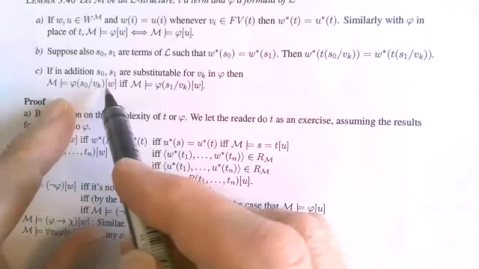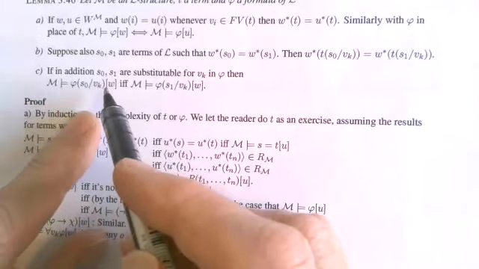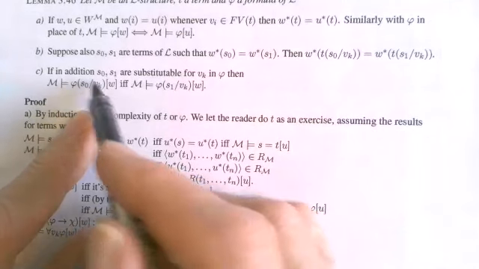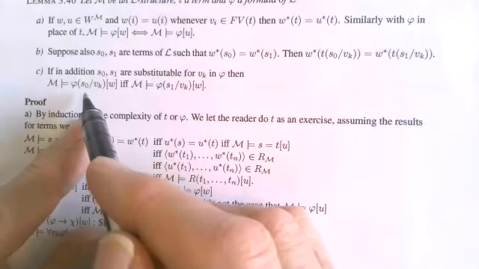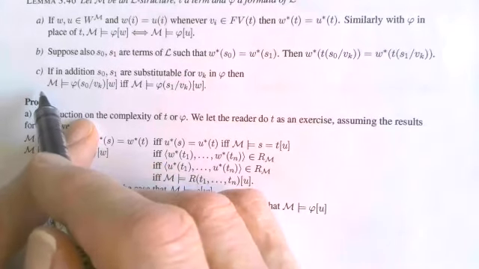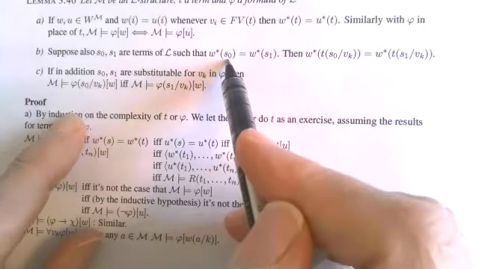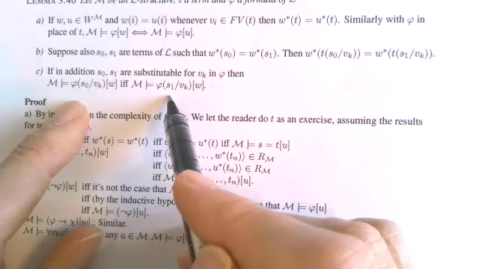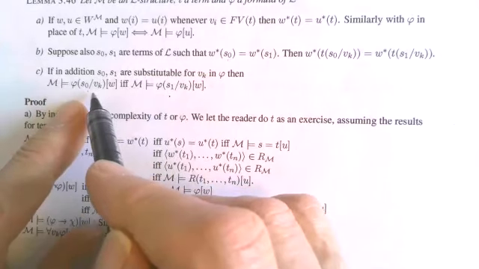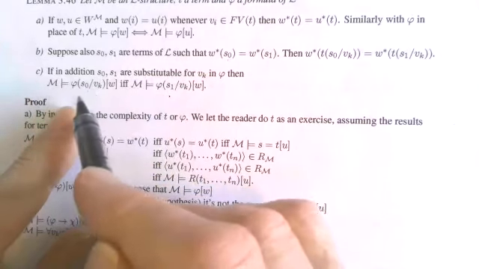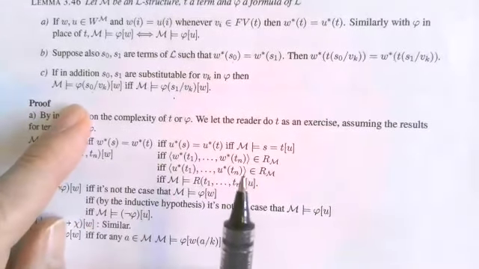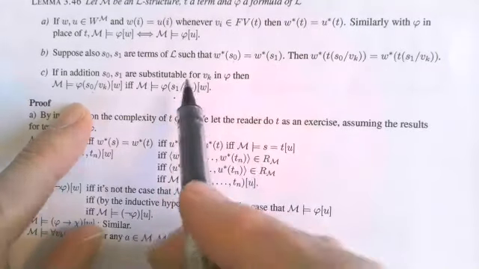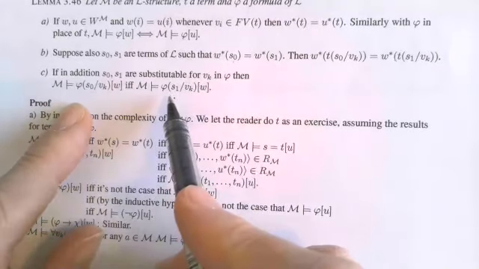Now, according to our official definition, when I look at the valuation that W assigns to the terms in this formula, and I see whether the formula is true in M, if W star assigns S0 the same thing as S1, and I substitute that in for the variable VK, it makes not a jot of difference as to whether the formula is true or false in M, because I'm substituting in the same thing, basically.